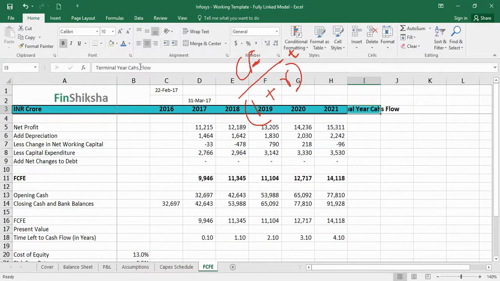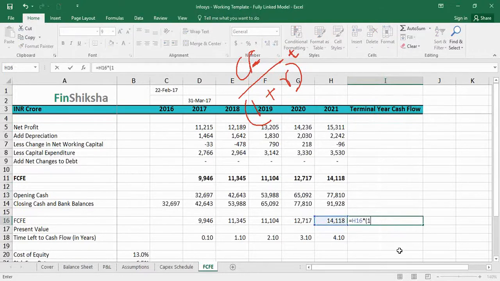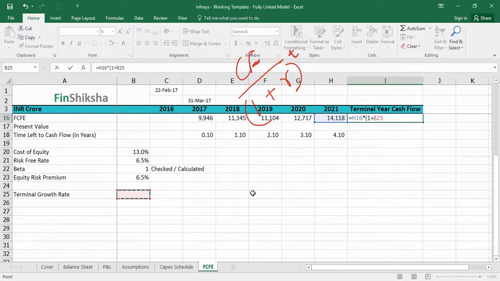And that terminal year cash flow is going to get calculated with a formula that's going to depend on the free cash flow in the last year multiplied by 1 plus G divided by R minus G. We've again seen this calculation earlier. So that's this into 1 plus whatever is the terminal growth rate, divided by whatever is my cost of equity minus this terminal growth rate.